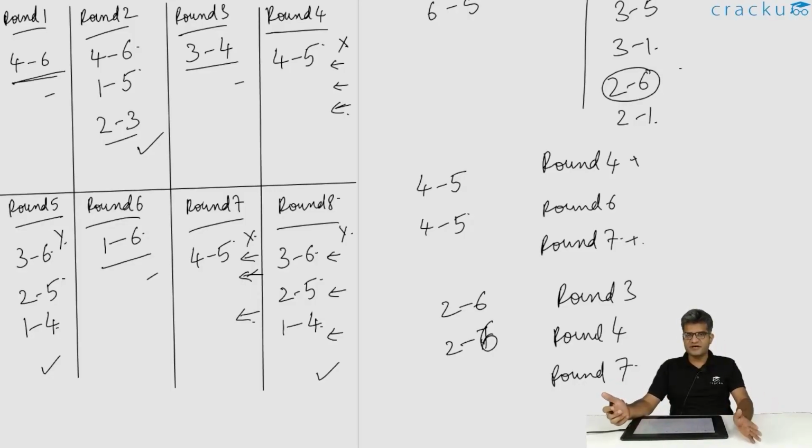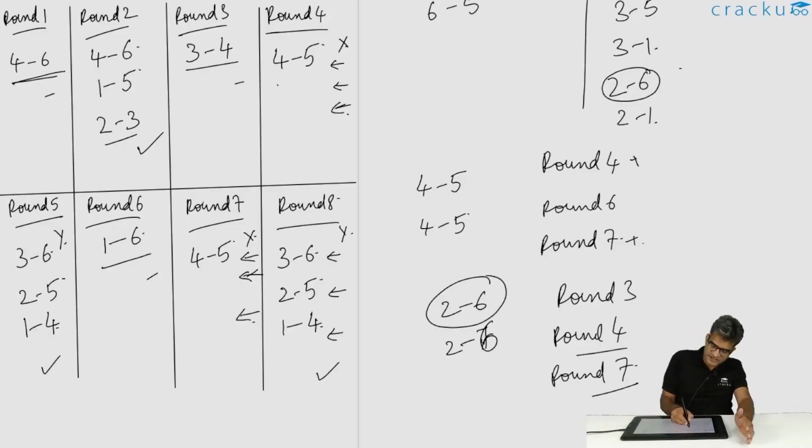Again using the same contradiction. Suppose 2 versus 6 did not happen in round 4. Then it cannot happen in round 7 because the matchups are identical. So we are left with only one round, round 3, and we need 2 versus 6 to be played 2 times. So that is a contradiction. So 2 versus 6 happened in round 4 also and round 7 also. So 2 versus 6 is again done.